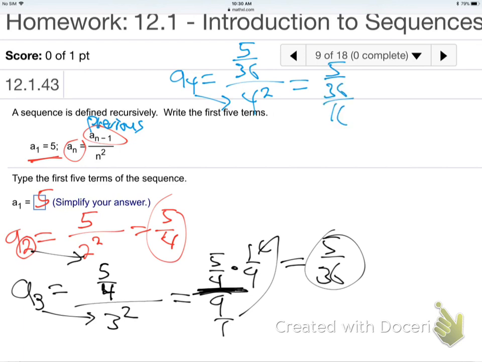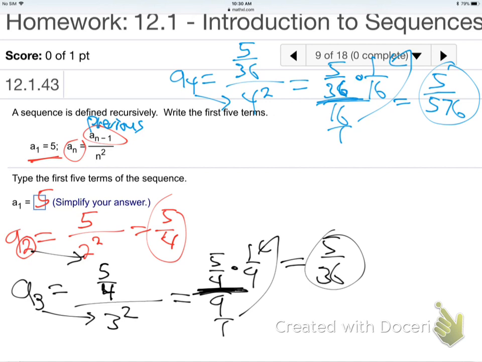So it's 5/36 over 16. We good so far? And then you know what you need to do. Take that 16, flip it up. It's 16 over 1, flip it up. 1 over 16 times it. That's 5 over something too big for me. What's 36 times 16? 576. So there's the fourth term.